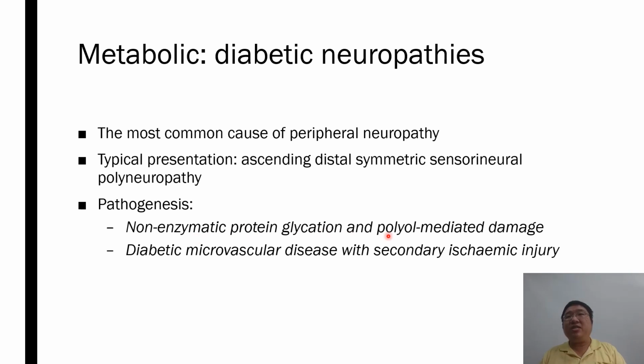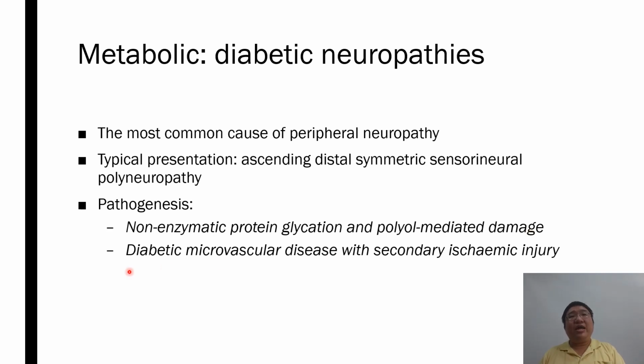And another mechanism is polyol-mediated damage. The sorbitol is formed, so there is osmotic injury to the nerve, to the myelin sheath, and there is damage.